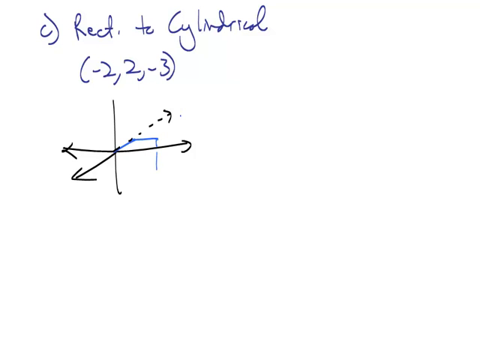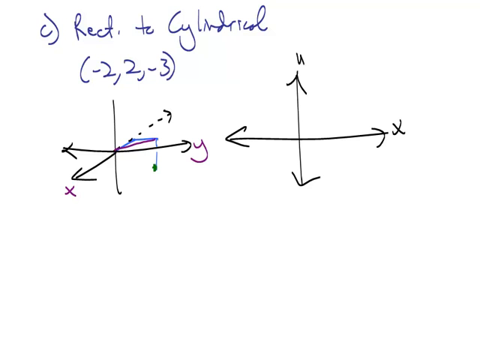So going down here, there's my point, but again, what we care about is the polar coordinates in the xy plane. So let's pull the xy plane out here. We went -2 in the x, +2 in the y, and so this is going to be a reference angle then of 3 pi over 4.